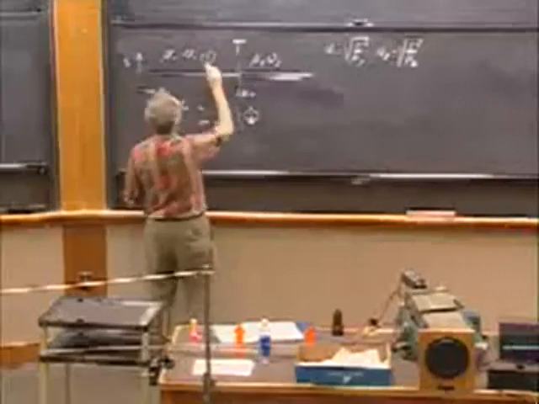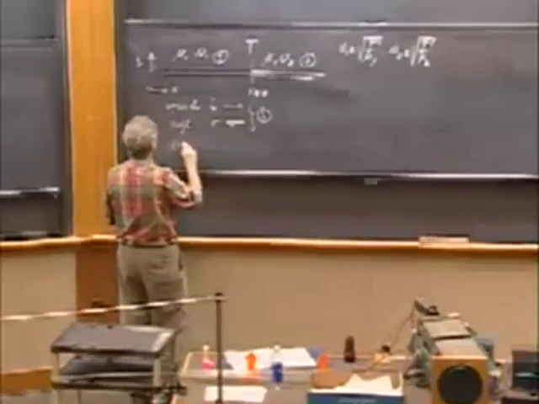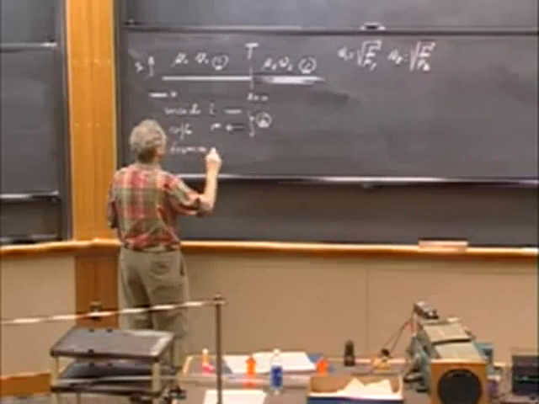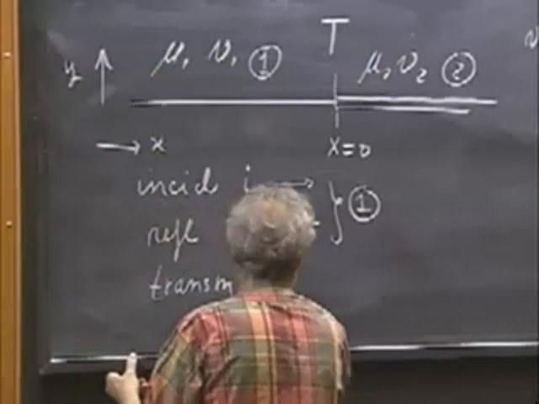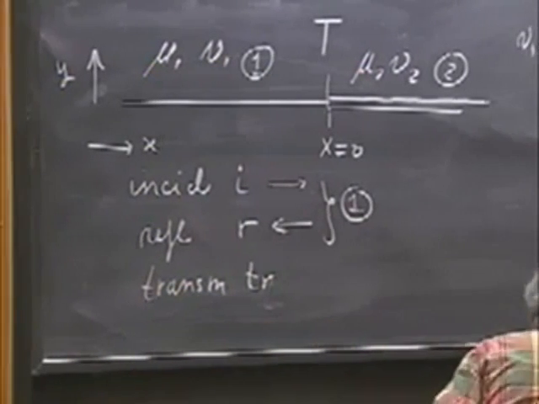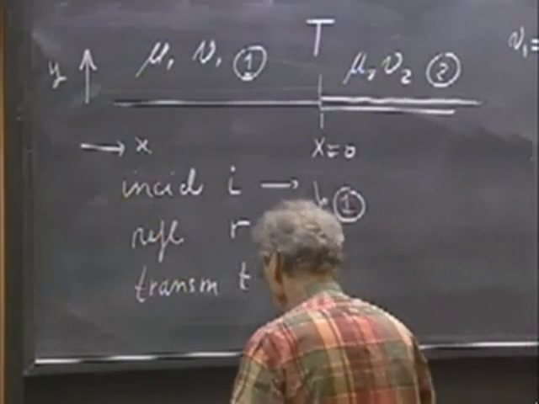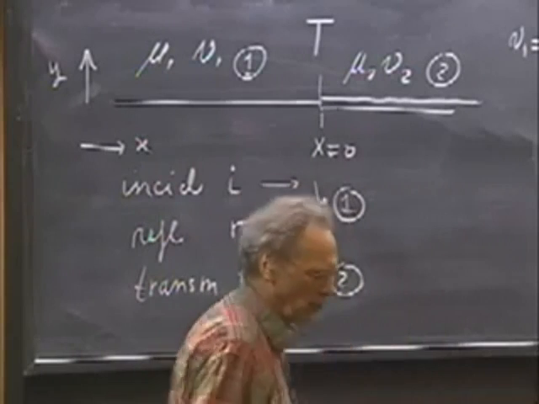This is medium 1, and this is medium 2. And then something is being transmitted into the second medium. I will give that subscript TR, and that is going into medium number 2. And that's what I want to evaluate now.